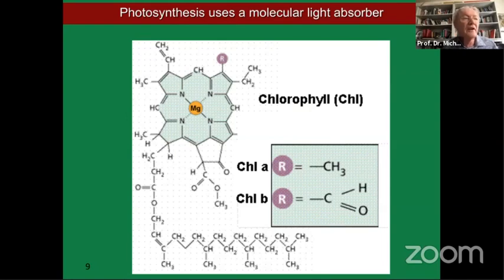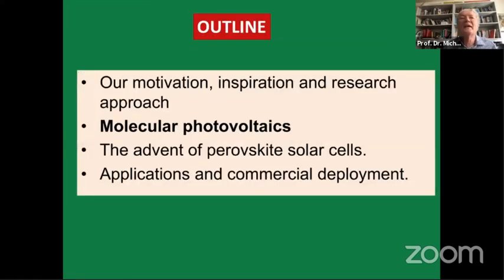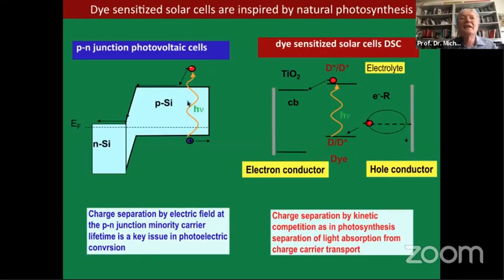Now, you don't get electrocuted if you touch a leaf. Why not? Well, these charges are very quickly consumed in electrochemical reactions, the reduction of CO2 and the oxidation of water.